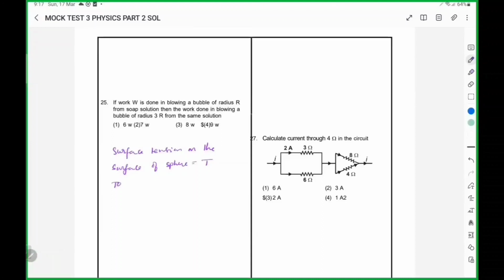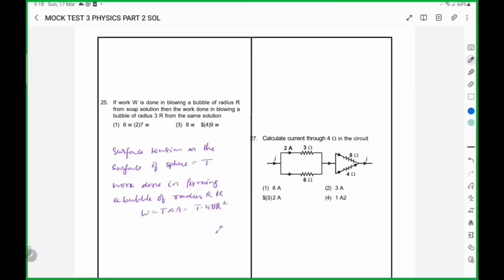So the work done in forming a bubble of radius r is T into 4 pi r squared.